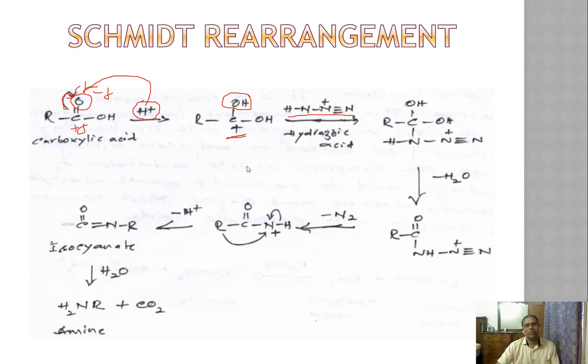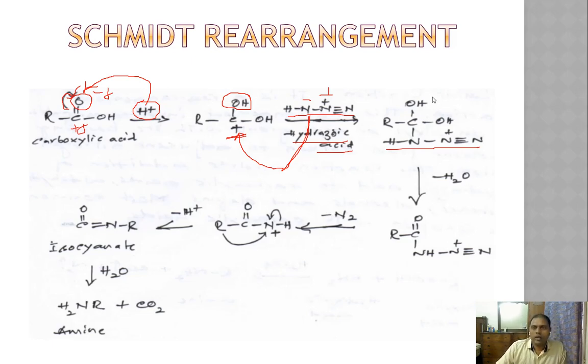So that is the carbonium ion over there, and this carbon is attacked by this hydrazoic acid. So this is positive over here, right? So this should be a little bit negative, and that is going to attract to this positively charged carbon, and this is the bond formation.